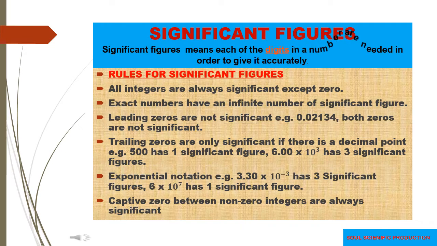Exponential notation, for example 3.30 times 10 to the power -3, has 3 significant figures. 6 times 10 to the power 7 has 1 significant figure. Captive zeros between non-zero integers are always significant. Example, 101 has 3 significant figures.